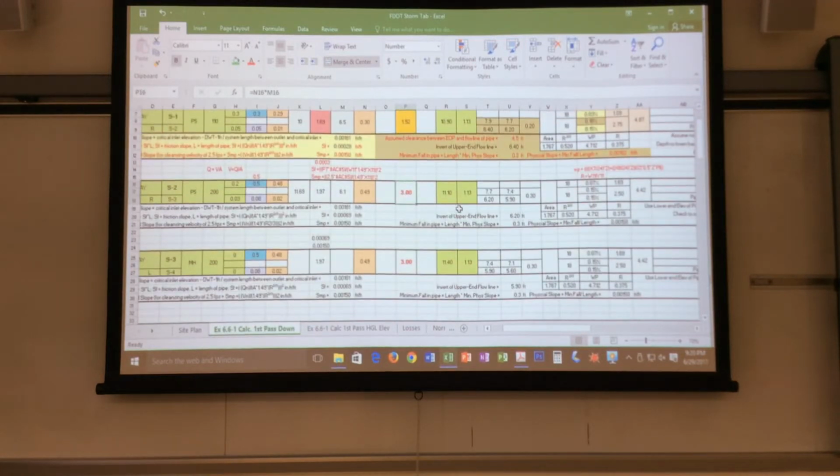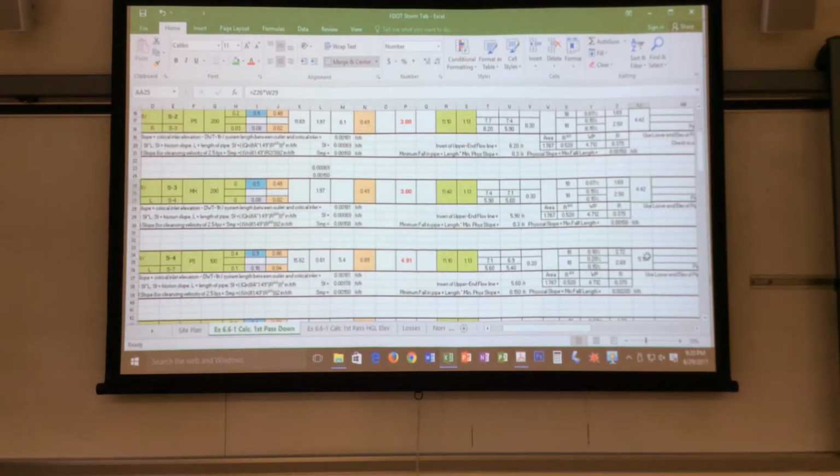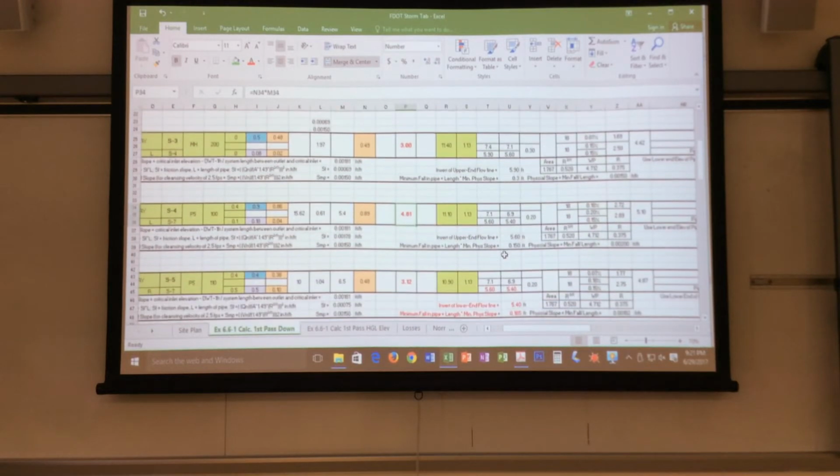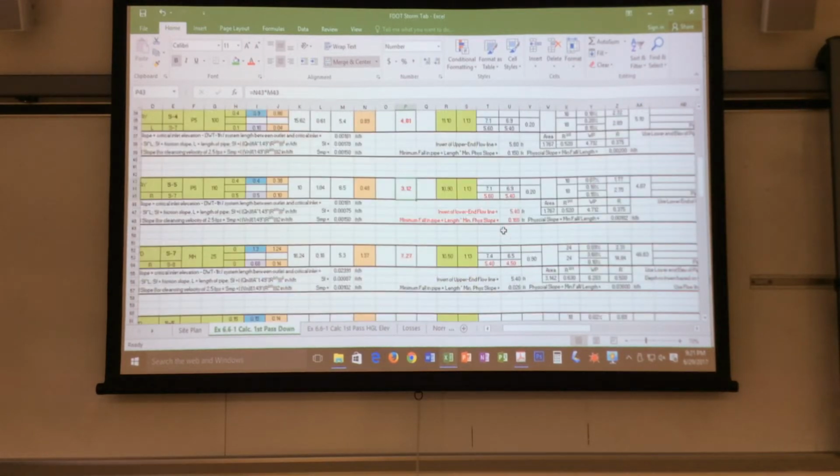The next one, I have 3 CFS, and its pipe capacity can still hold 4.42. The next one is 3, and it holds 4.42. Here's the next one. It can carry 5.1, and it's getting closer to almost capacity. The next one's 4.787, and the next one's 3.12.